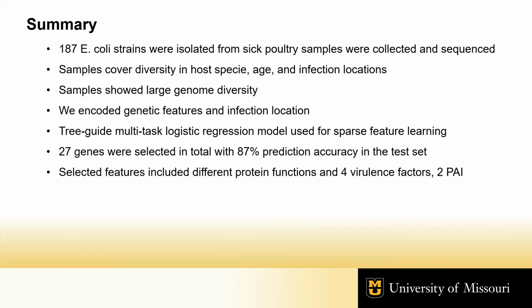The tree-guided multitask logistic regression model was used for sparse feature learning, and 27 genes were selected in total with 87% prediction accuracy in the test set. The selected features include different protein functions and 4 virulence factors, and 2 of them are PAI.